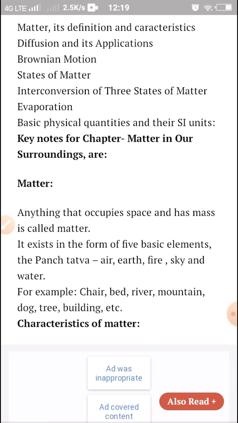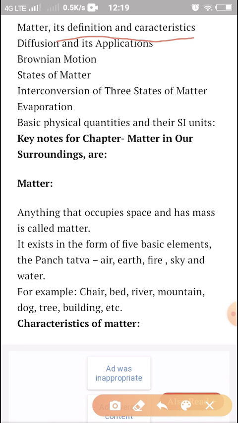We're going to read its definition and understand it and relate it to our surroundings and whatever we see in our daily life, right? So, basically, we're going to read about its definition and characteristics, and then diffusion and its applications, Brownian motion, states of matter, and interconversion of the three states of matter.